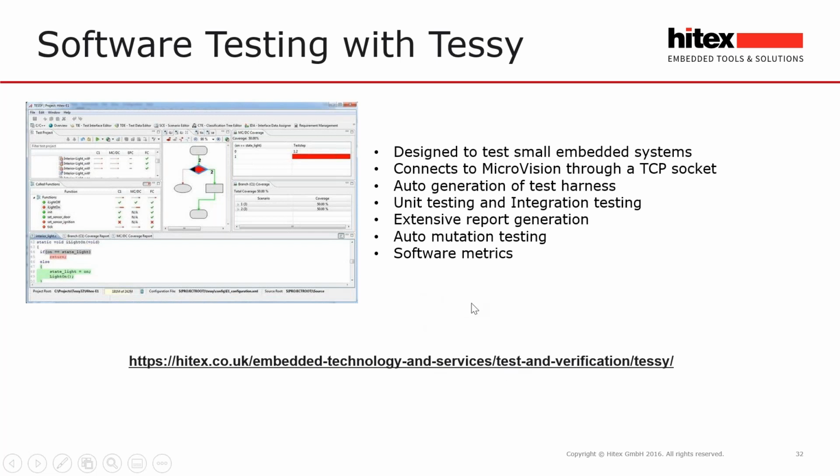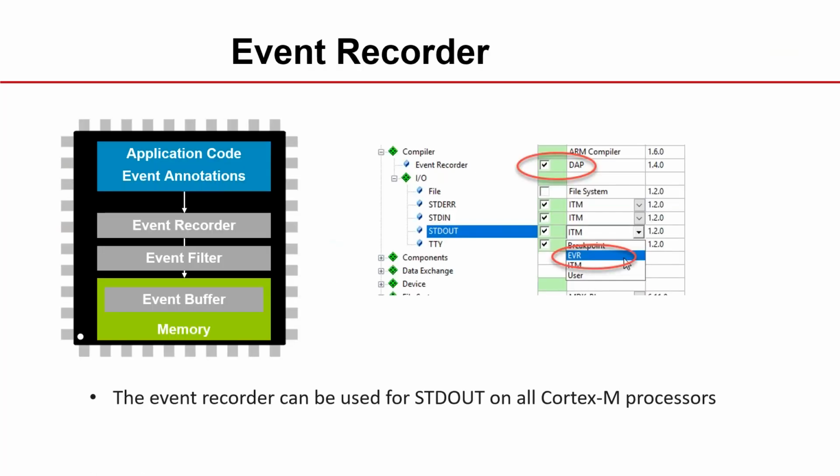But again, if you need it, it saves you an awful lot of time and money. Otherwise, it's probably a bit of overkill if you're not doing extensive testing. It's reassuringly expensive.